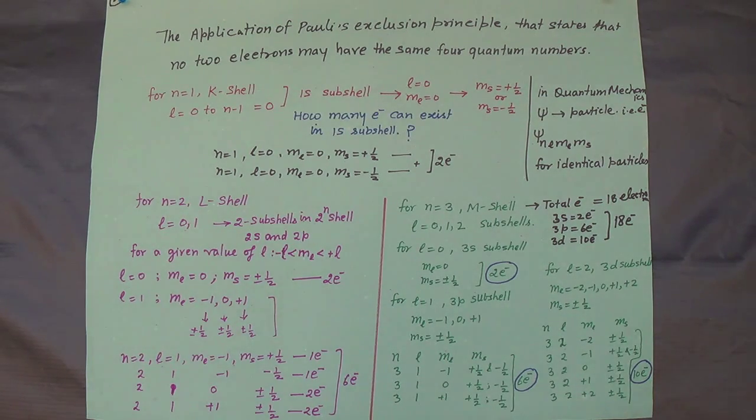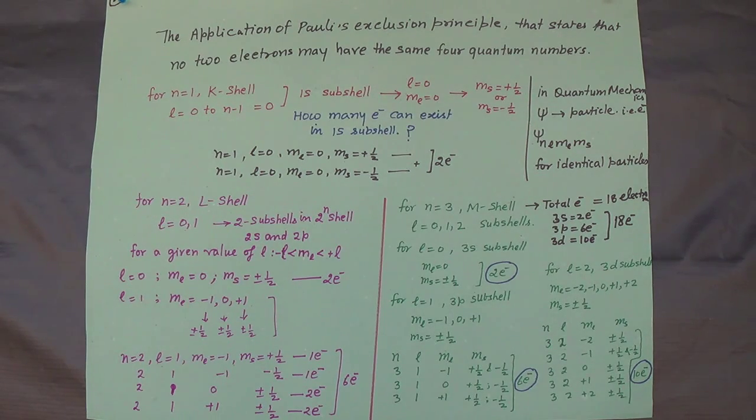So this is the second part of the semiconductor physics, which is based on the Pauli exclusion principle. Right? Now you have the basic idea of n, the principal quantum number, l, the orbital quantum number, ml, the magnetic quantum number, and ms, the spin quantum number. From the beginning, for n equal to 1, which shell will that be? K shell. Right?